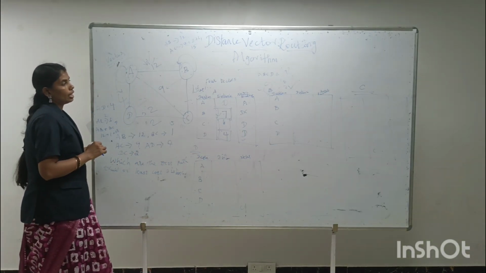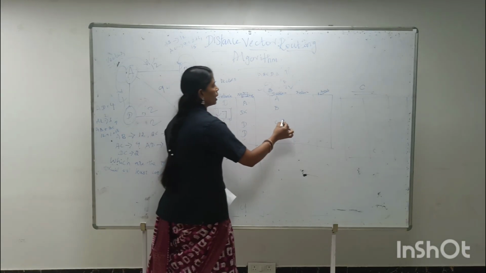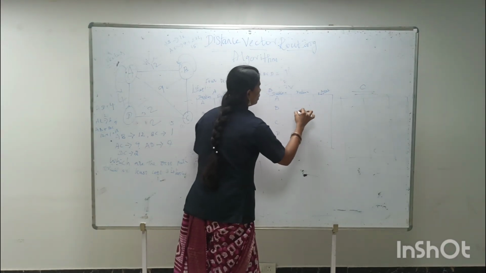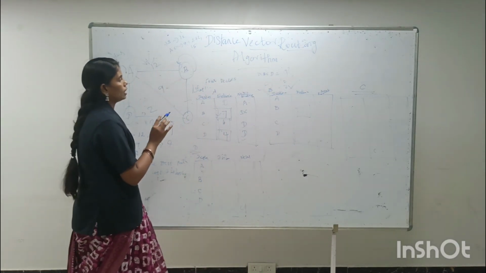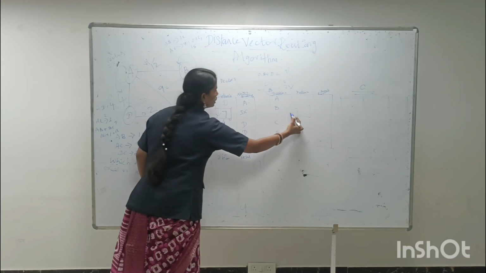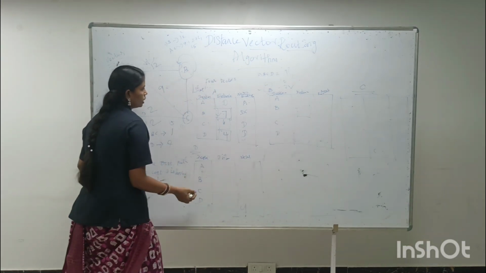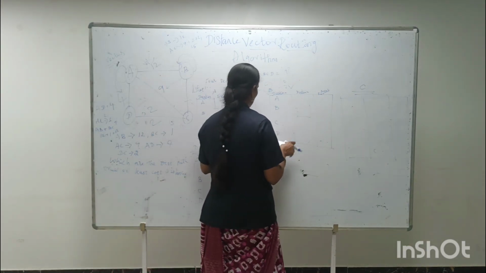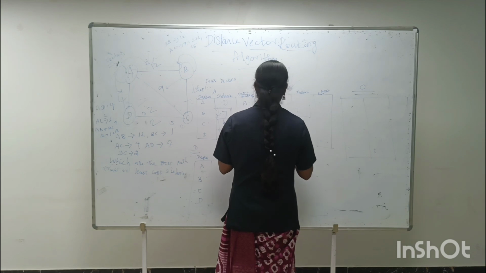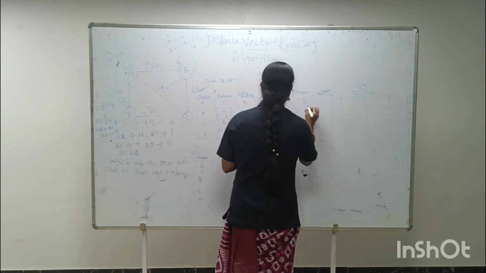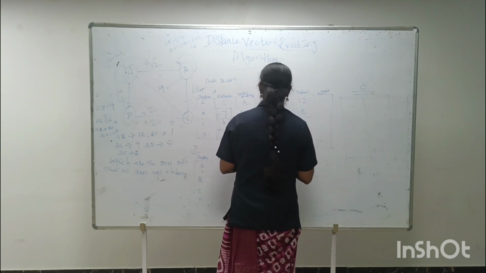Then we can also get the value for this B. Already for B we are trying to take the second step. So here also we will get some value, and for D also we will get some values. So here we will get 12, 0.